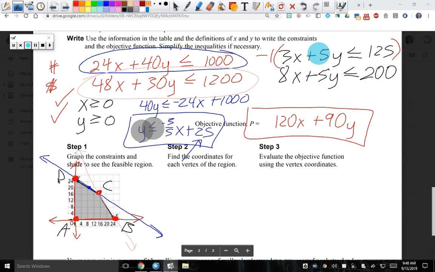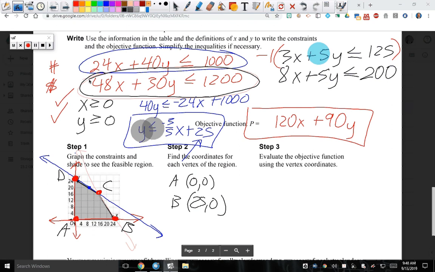What would A be? 0, 0. What would B be? 25, 0. And I got that from looking at when this crosses the x-axis. In other words, y would have to be 0.